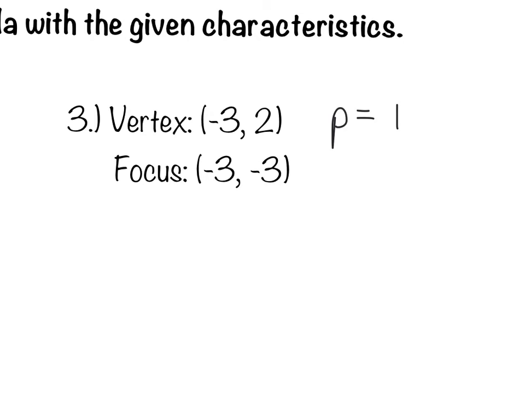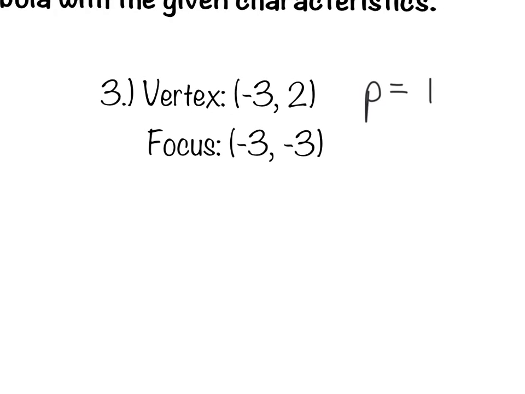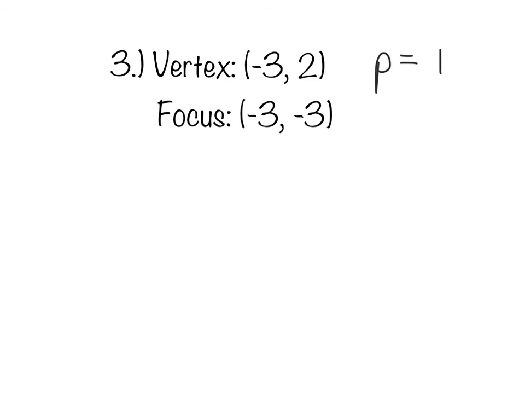Now, there is another form of the formula. Before, we were using the formula P equals 1/4A. But with a little bit of math, you can actually just flip these around.